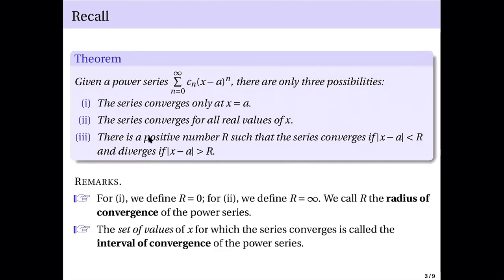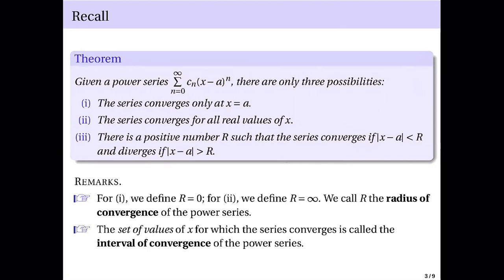Okay? For the first case here, we define r equals 0. That is, if the series converges only at x equals a, we say that r equals 0. Okay, for the second case, meaning if the series converges for all real values of x, we define r to be plus infinity.